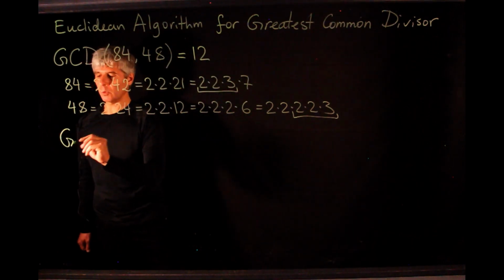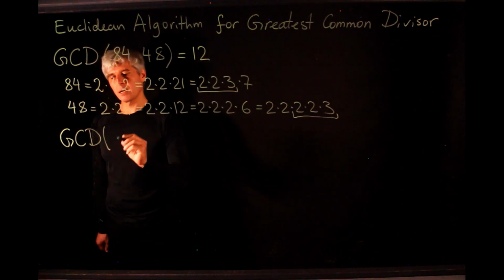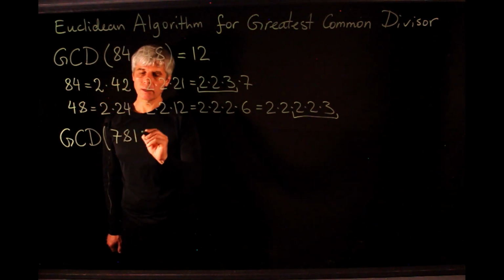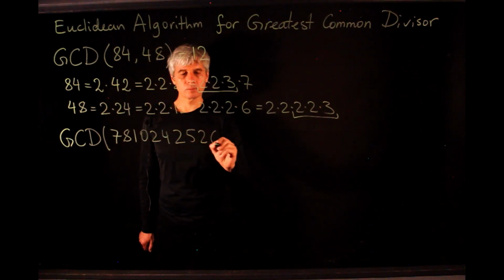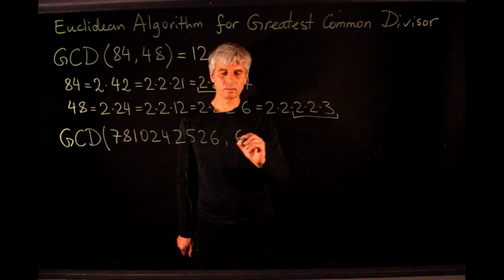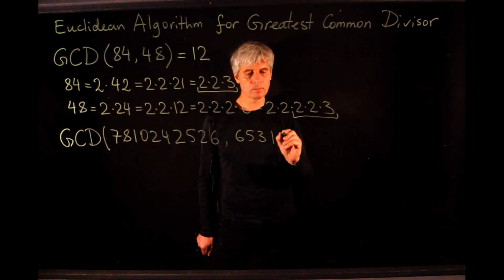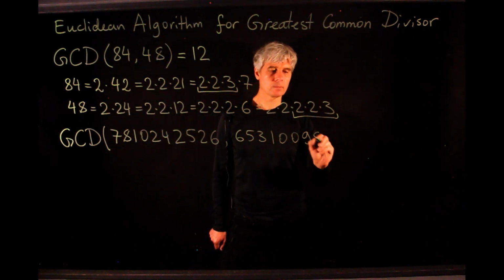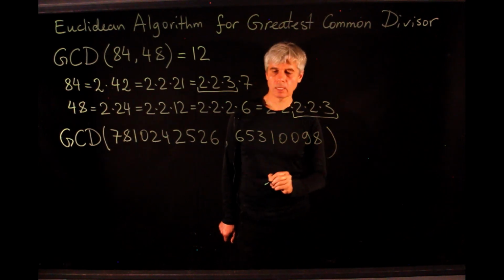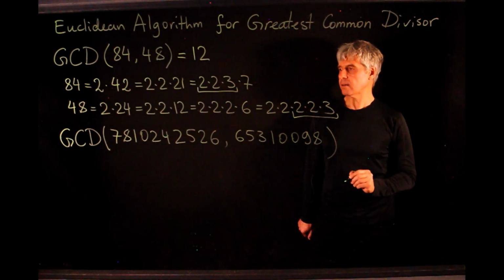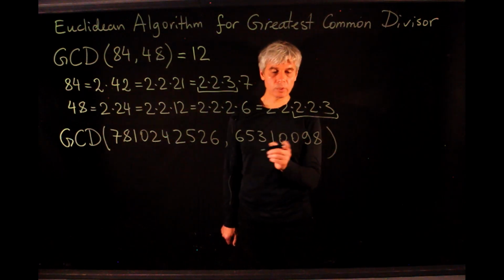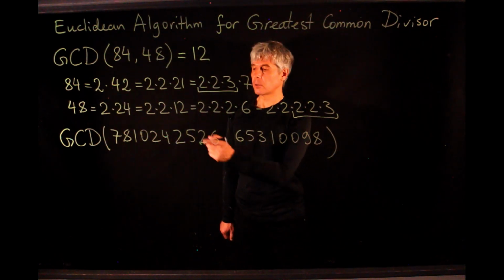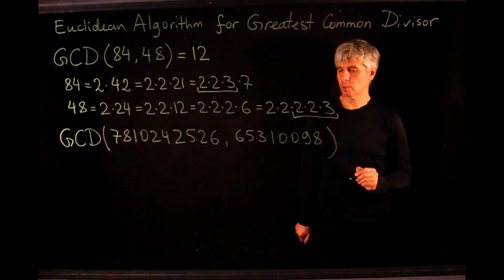Say, if I ask you, what is the greatest common divisor of the following two numbers? All right. So here, that's become harder, right? Because one would have to try to factor these numbers into primes.